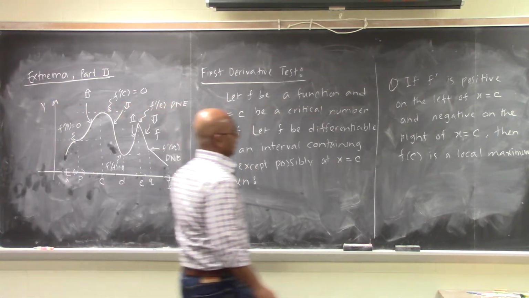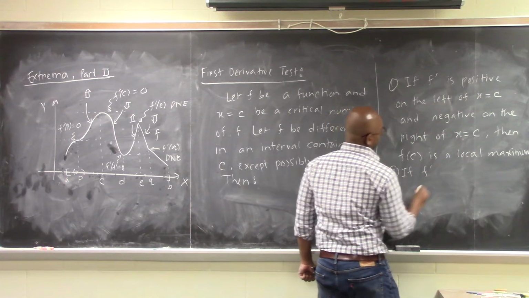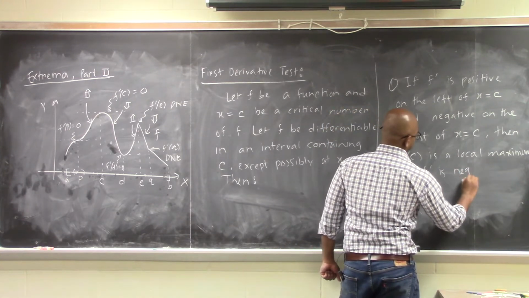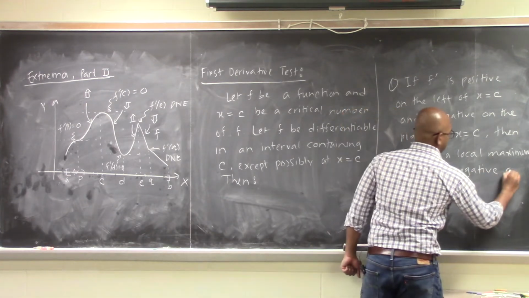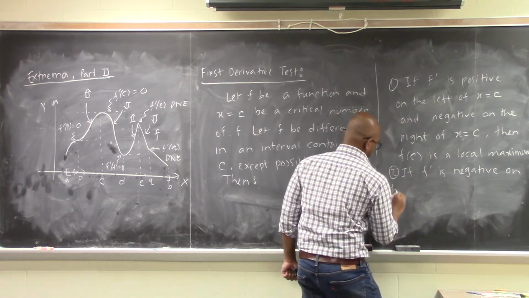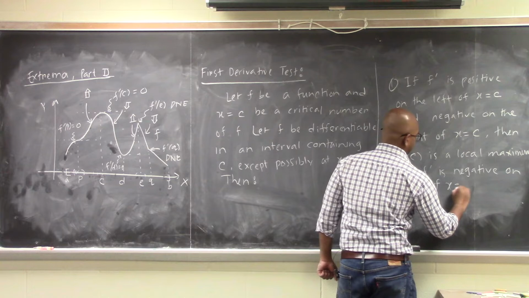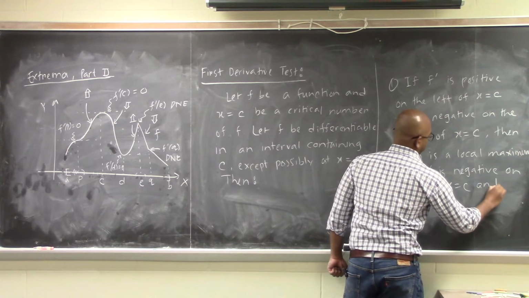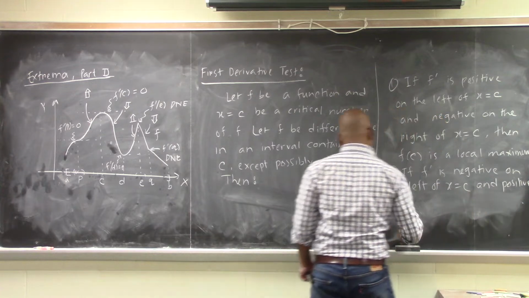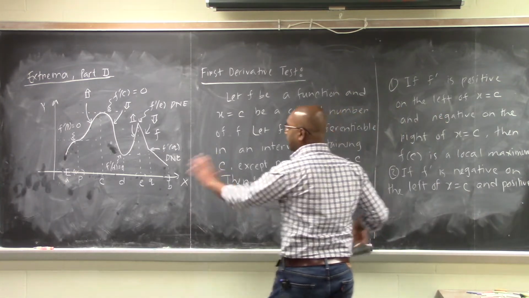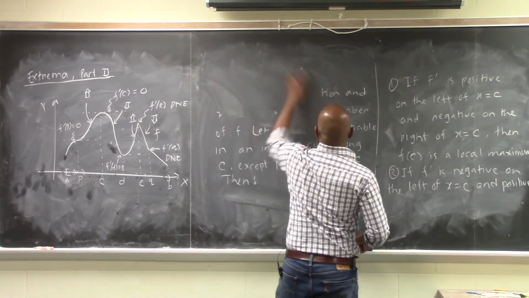So if f prime is negative on the left of x equals c and positive on the right of x equals c, then notice, look at this point D. I will keep this picture for a few more minutes.